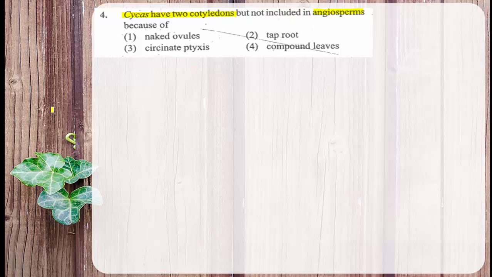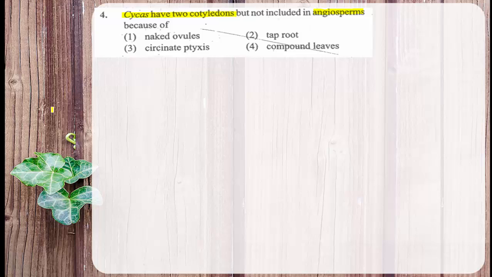What is the reason? Hope you remember, gymnosperms are commonly called the naked seeded plants. They are the seed producing plants. Just now I used the term cryptogams in the previous question. Algae, bryophytes and pteridophytes are cryptogams because seed production is absent.